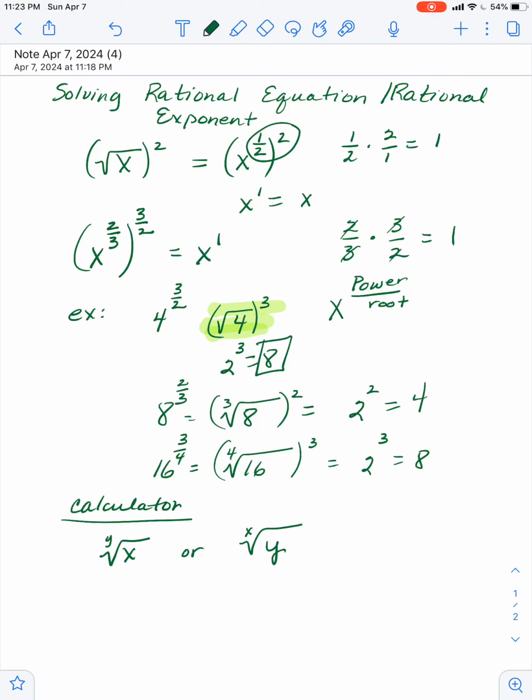It really depends upon what calculator you have. I hate to say that it's going to be one way or the other, so you might have to have me show you. But typically, if you're needing to put in the 4th root of 16, normally you would put in a 4, then hit this button, and then put in the 16.